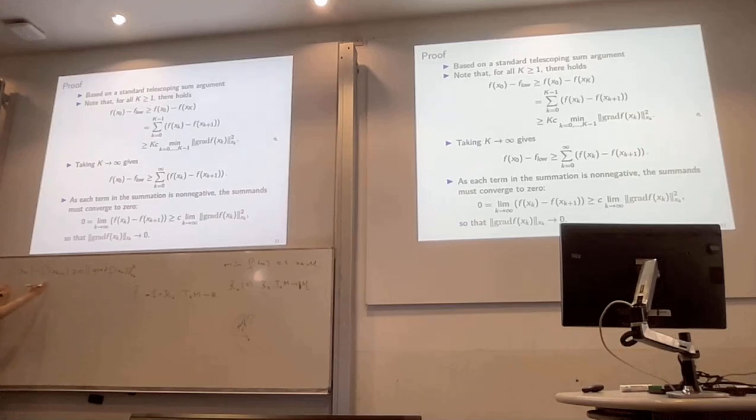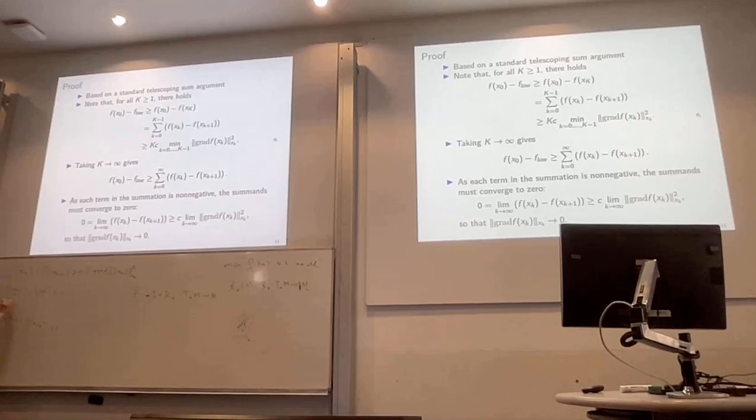So now what I can do is look at the total decrease from where I start all the way to where I got to. I can go far in my algorithm, right? For each step I have some decrease, so I can sum up all these decreases. That will give me a bound on how much the function decreases from where I started to where I got to.